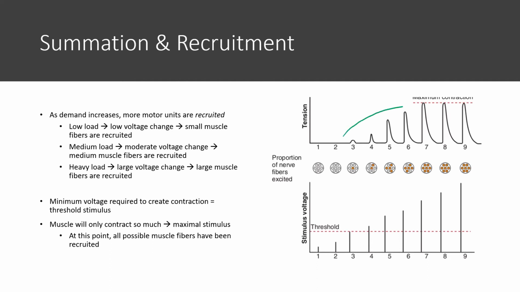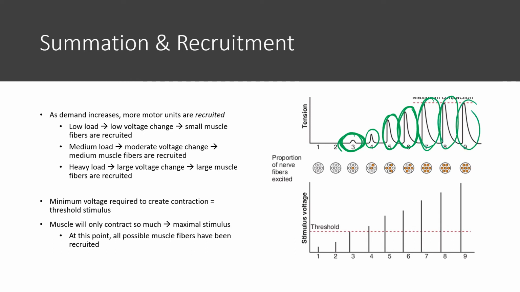So this would be threshold right here. Whatever the force was to cause that would be your threshold stimulus. Now, as you increase the amount of voltage sent to a muscle, the amplitude, the amount of force that you'll exert with that muscle will get bigger and bigger to a point.